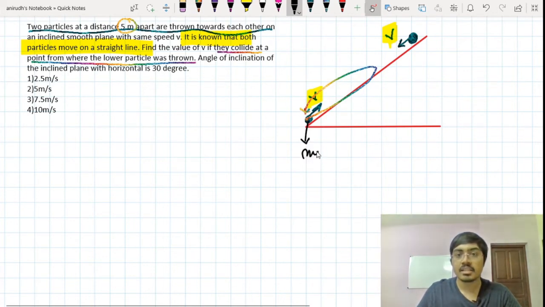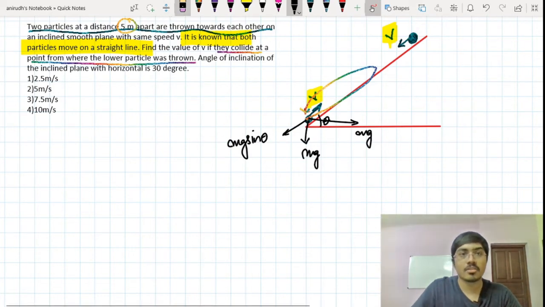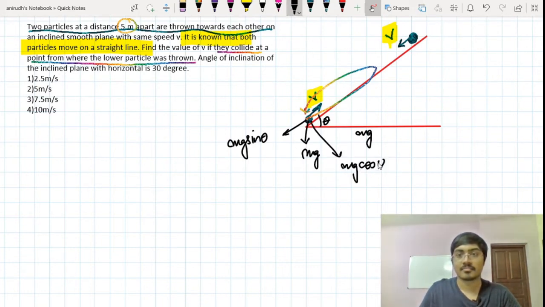If this is mg and this angle is theta, then this is mg sine theta, and this is mg cos theta. So this is how the values will look.